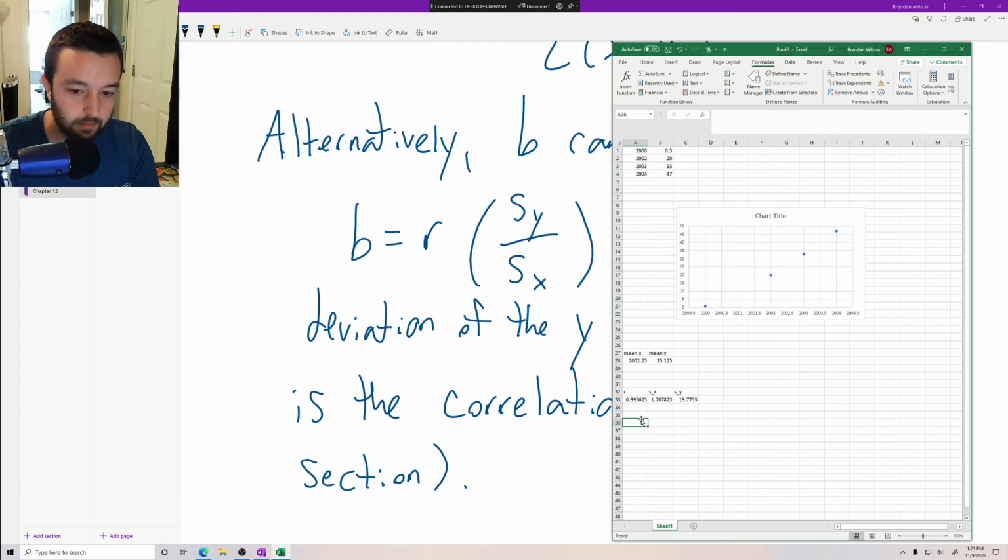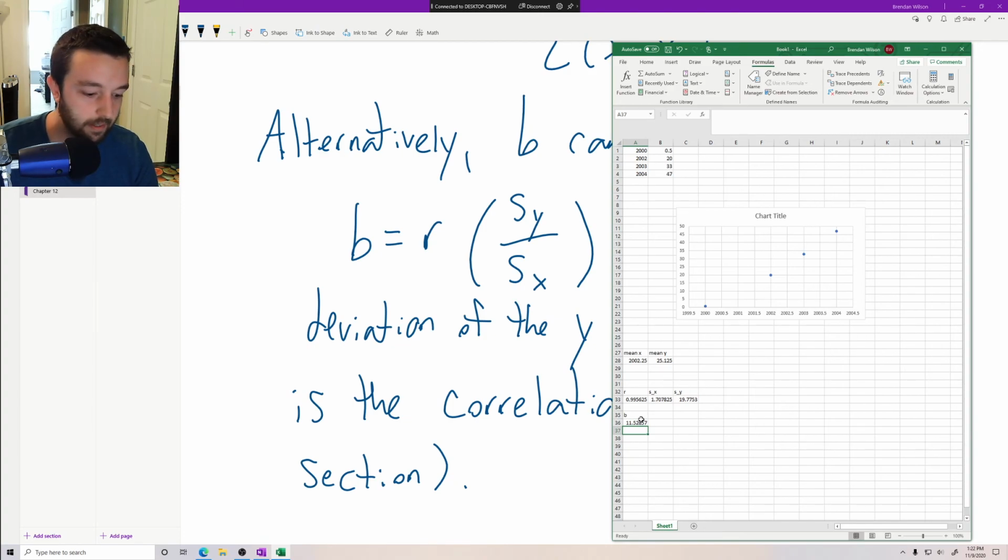So b is going to be r, which is A33, times C33 divided by B33, right? S_Y divided by S_X.